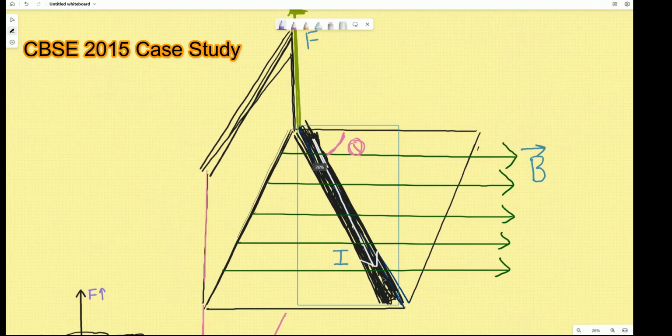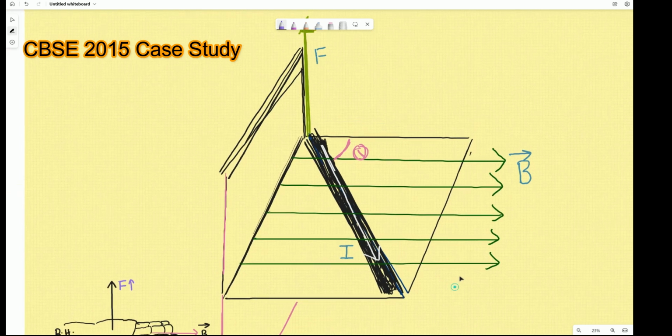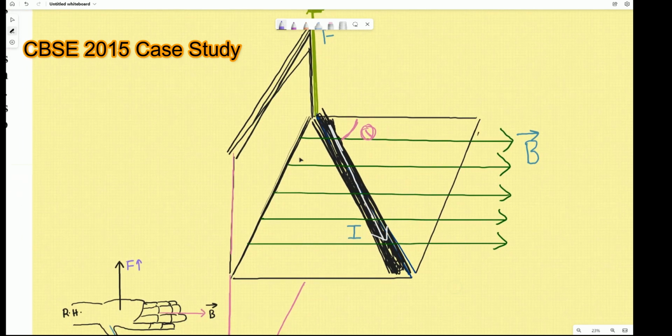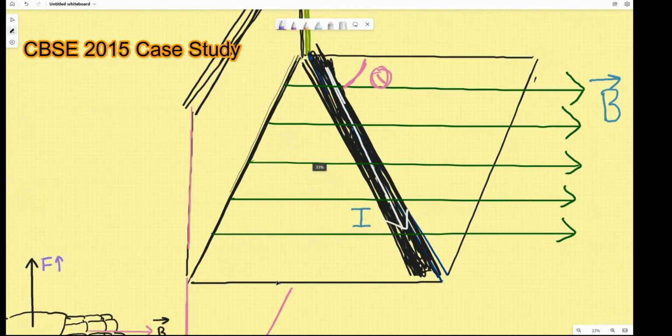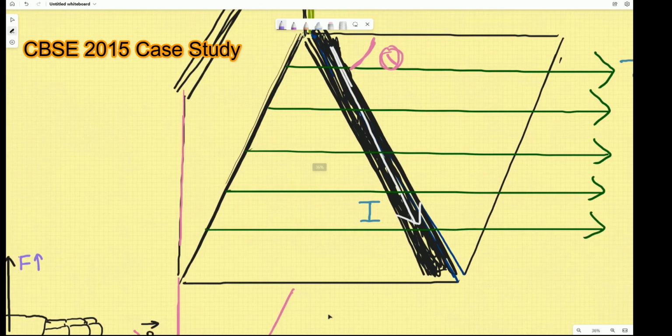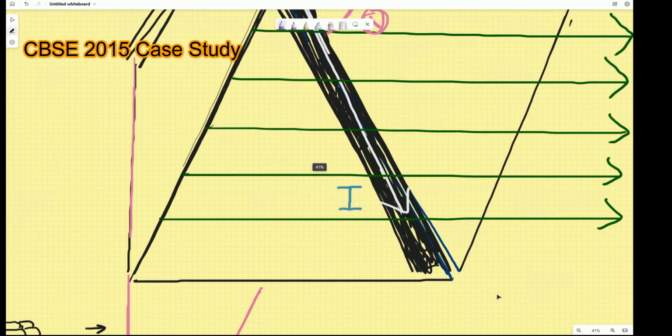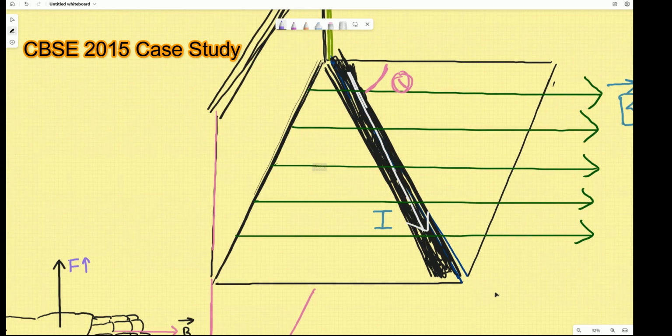All right. If you look into the diagram, what I've done is the magnetic field has been drawn in a particular plane, in which the current carrying conductor and the magnetic field are lying in a rectangle. You can see this rectangle, right? This is a plane.